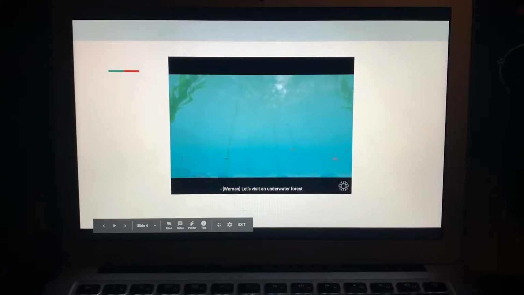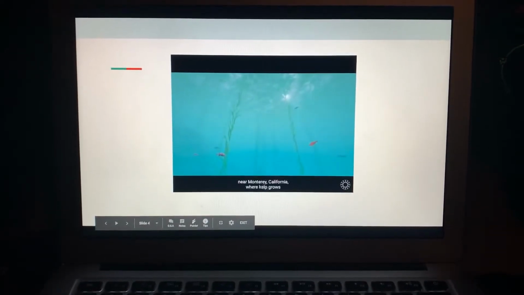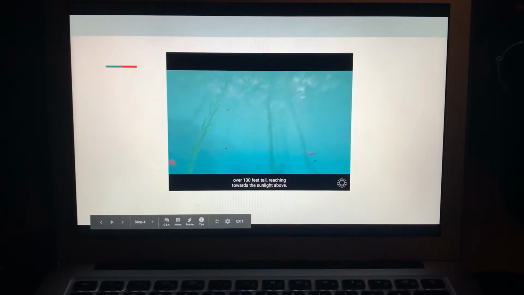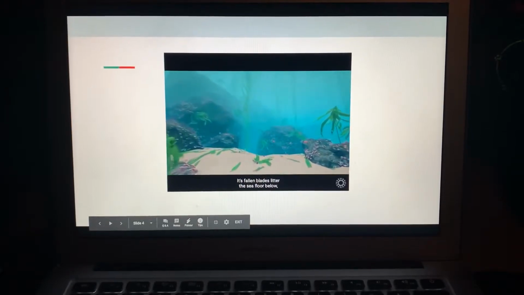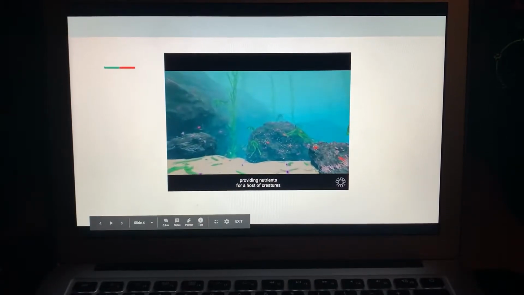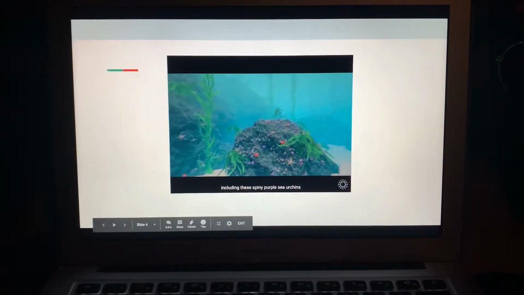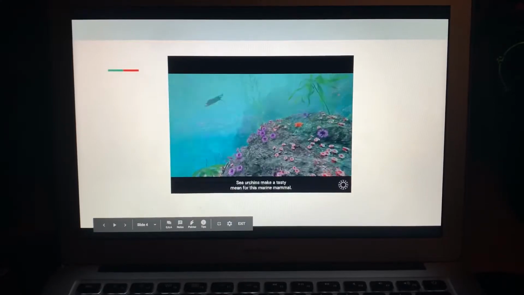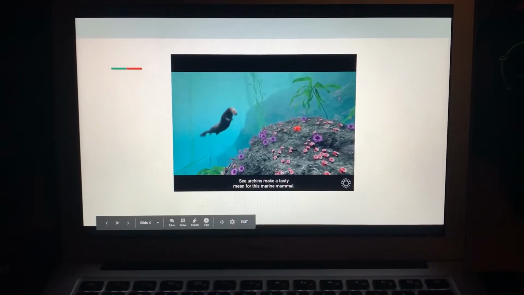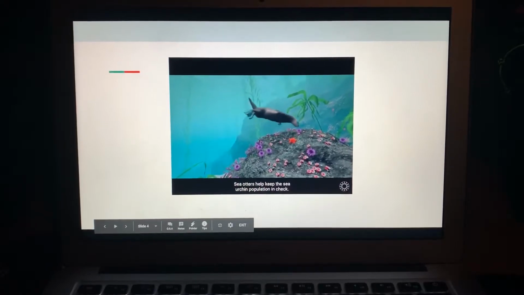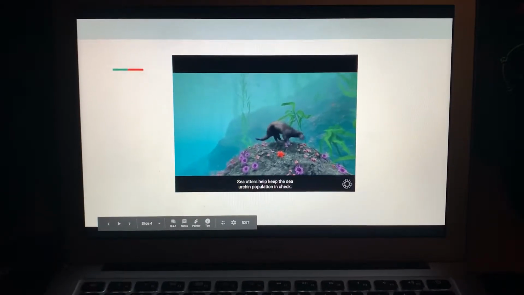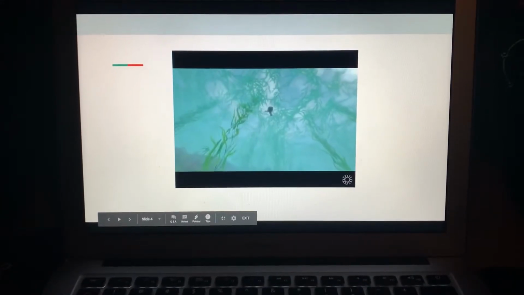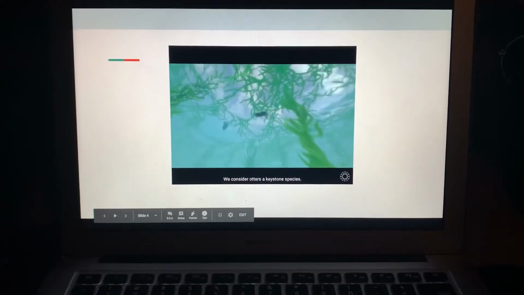Let's visit an underwater forest near Monterey, California, where kelp grows over 100 feet tall, reaching towards the sunlight above. Its fallen blades litter the seafloor below, providing nutrients for a host of creatures, including these spiny purple sea urchins, which move slowly in search of food. Sea urchins make a tasty meal for this marine mammal. Sea otters help keep the sea urchin population in check. Too many sea urchins will devour living kelp, destroying the forest. We consider otters a keystone species.